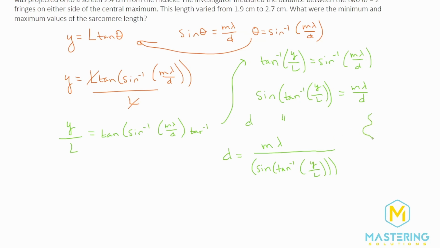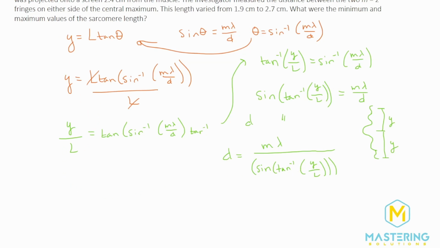If we had our central max here and m2, m2, the y is from the central max out to one, but they say they measured from the central max to the central max. So we need to take this number and divide it by 2 for our y value here.